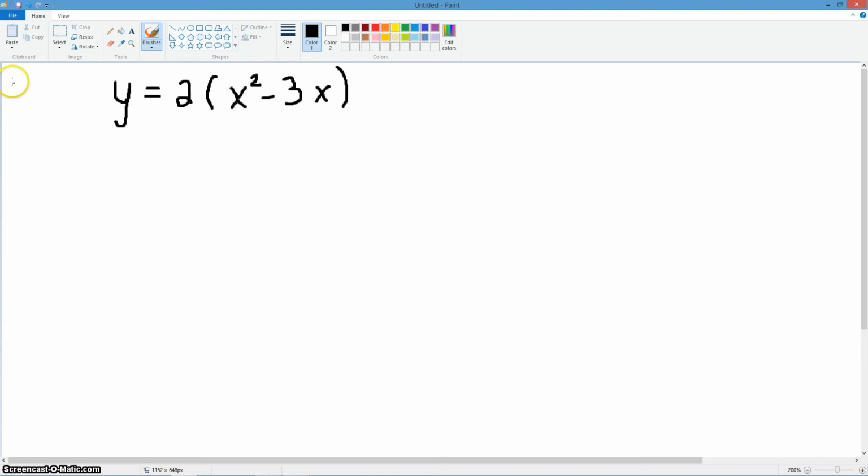Number 2. Okay, so it says y equals 2 times x squared minus 3x. And we're just going to do the A part. If you look at the A part, we are looking for y prime, so we're going to give that a question mark.